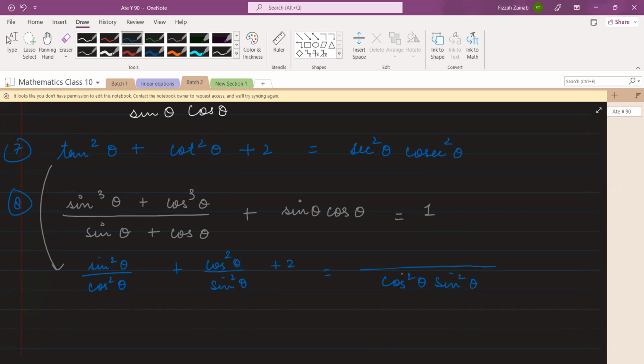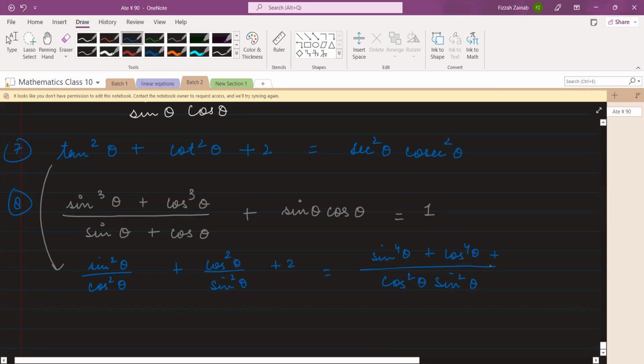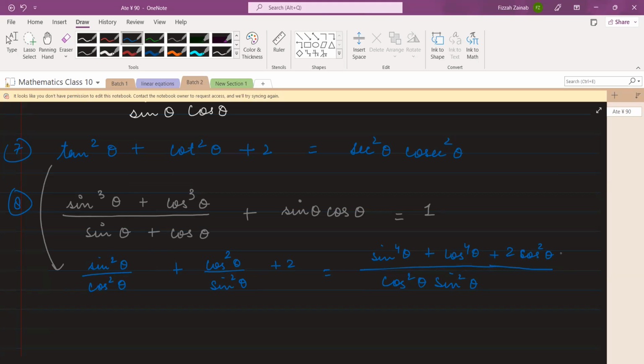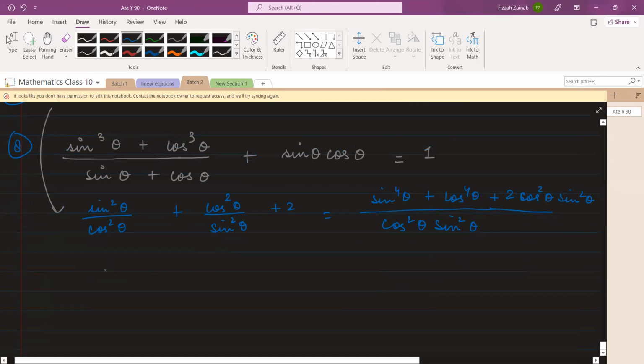What you get here is sine 4 theta plus cos 4 theta plus 2 cos square theta sine square theta, after taking LCM. Now it is clearly visible: this is a square plus b square plus 2ab, isn't it? In the numerator.